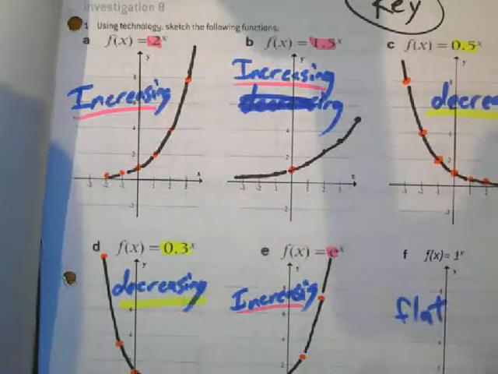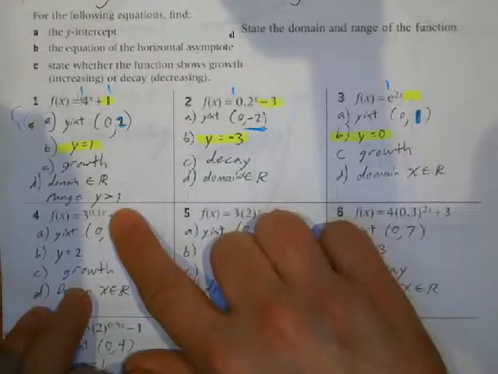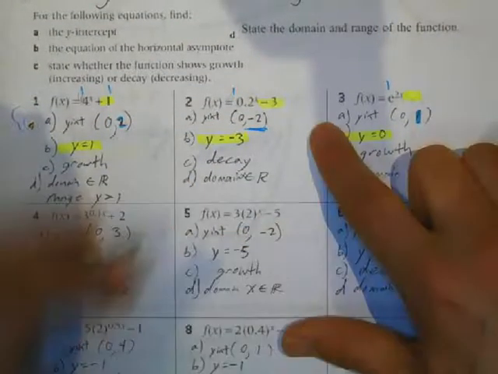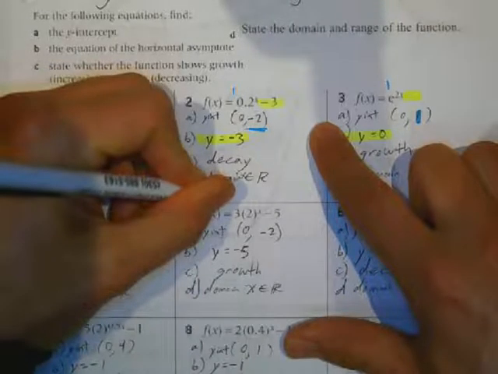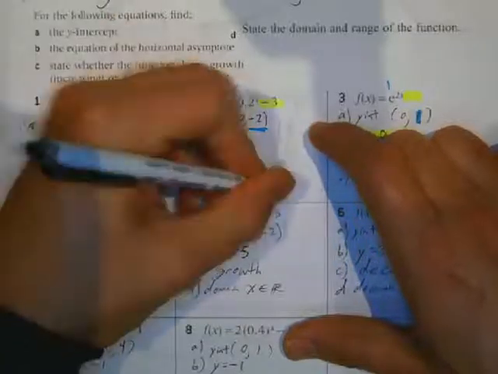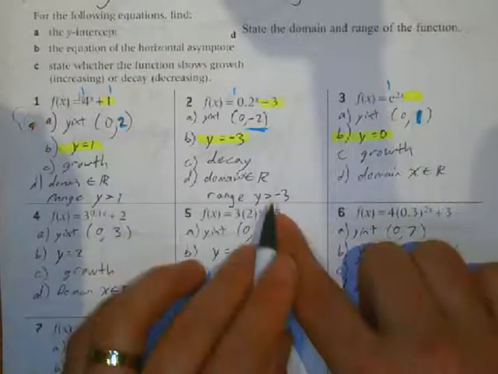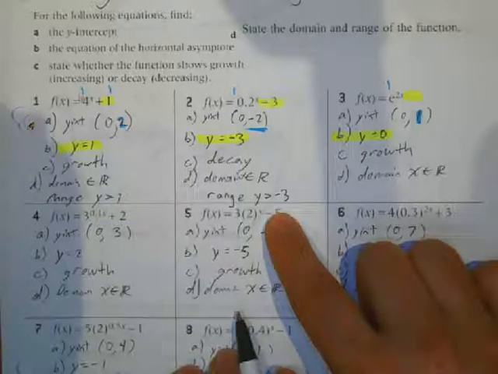They're all above the asymptote. So here, our asymptote is at 1, so the range is y is greater than 1. Here, our asymptote is -3, so y is greater than -3. Notice I didn't put an equal sign under the inequality because it's never going to actually be equal to -3.